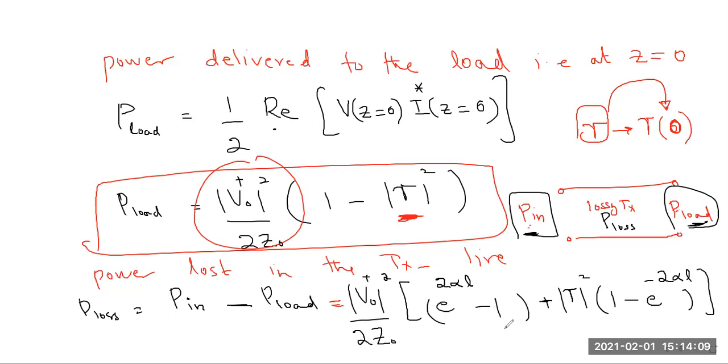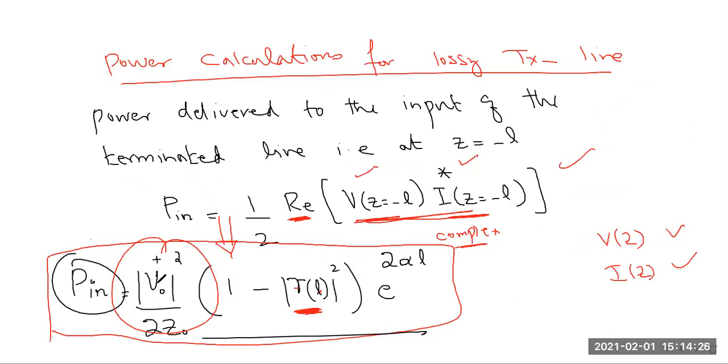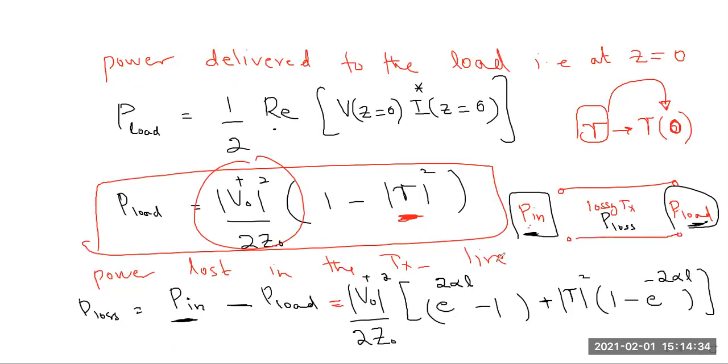You can always simplify this, but let me give you some guidelines on how you will arrive at this expression. What is the expression of P in? P in is V naught plus magnitude square over 2 Z naught, and then gamma l. You can see in this final expression, you don't see gamma l. So where has gamma l gone?